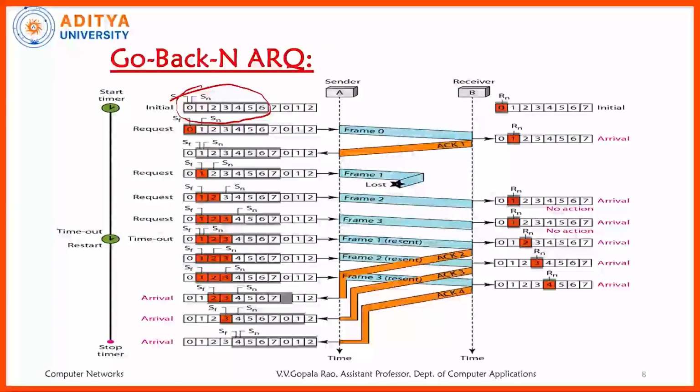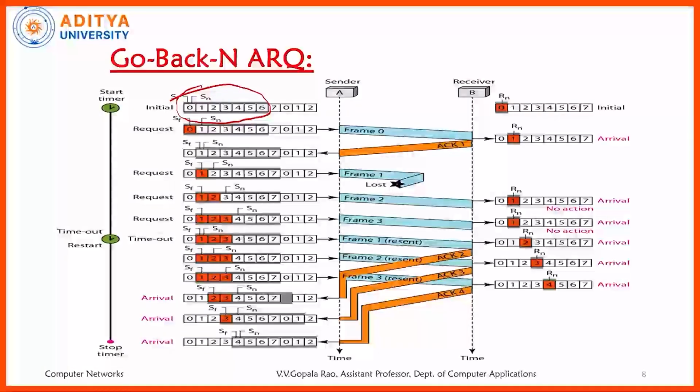Once the receiver says ACK1, it says two important things. One is that all the frames prior to the number in this ACK were received properly, and ACK1 says that from frame number 1 onwards, whatever frames can fit in the sliding window are expected by the receiver.